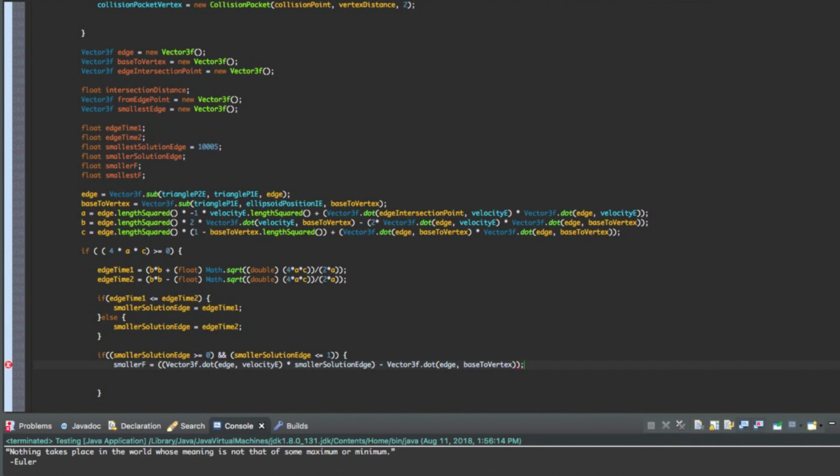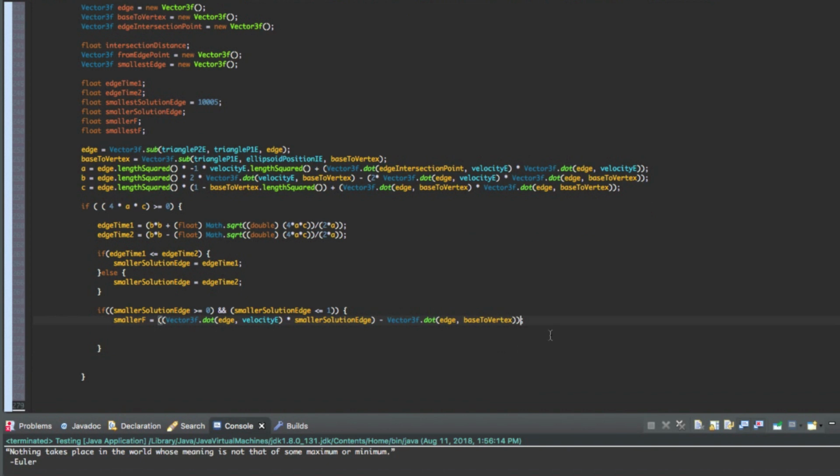All right. So now we can see if this smaller f is between 0 and 1.